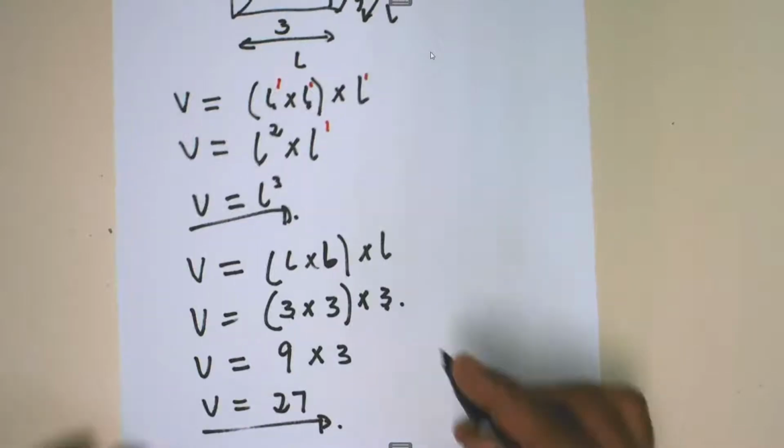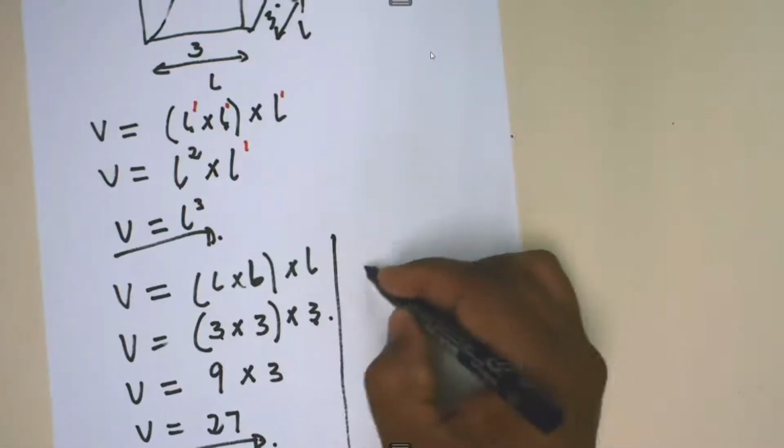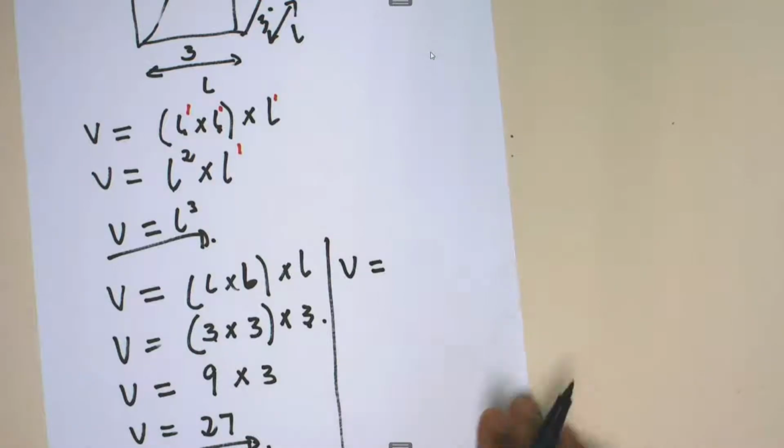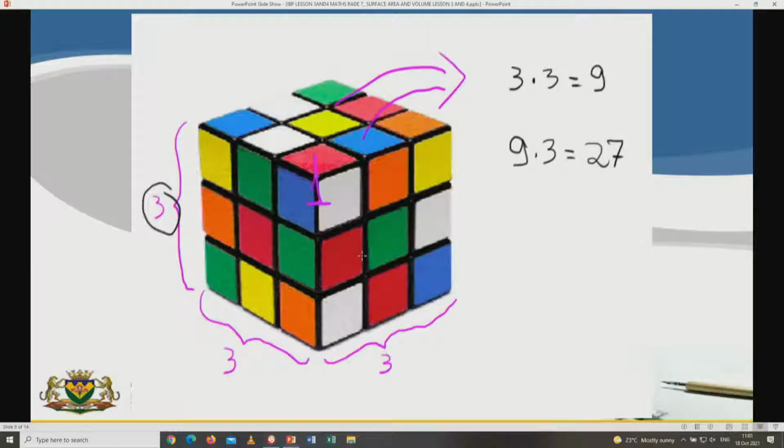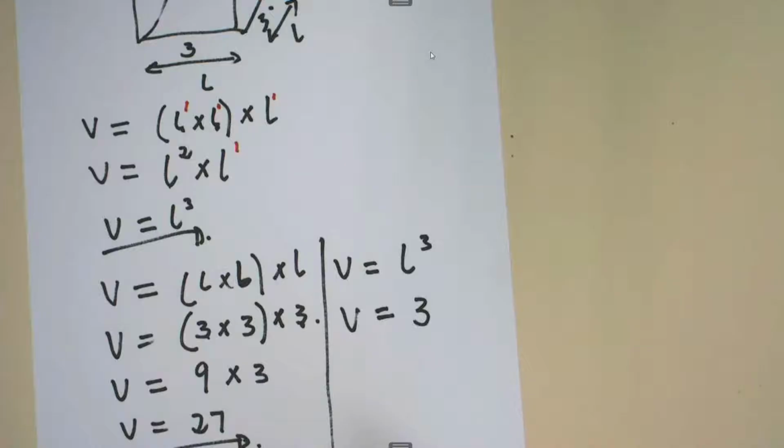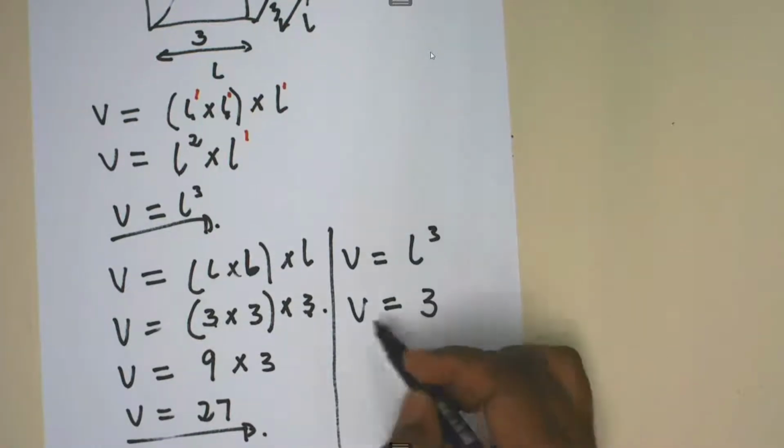Then it means, in a short way, we can say the volume of this cube here will be L to the power of 3. So I have volume, which will be equal to, I will have 3.